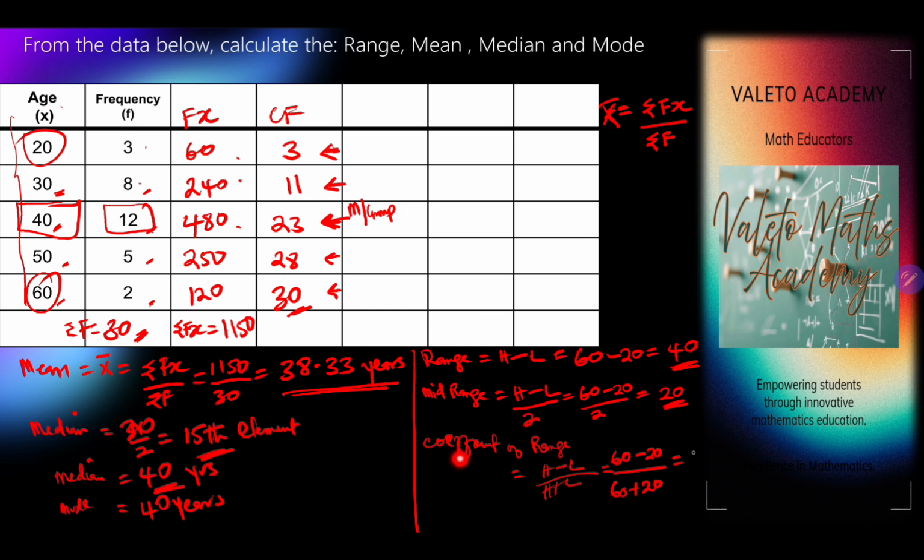And this is equal to 40 over 80, which is the same thing as 1 over 2, and 1 over 2 is 0.5. And that's the coefficient of range. All right, we move on.